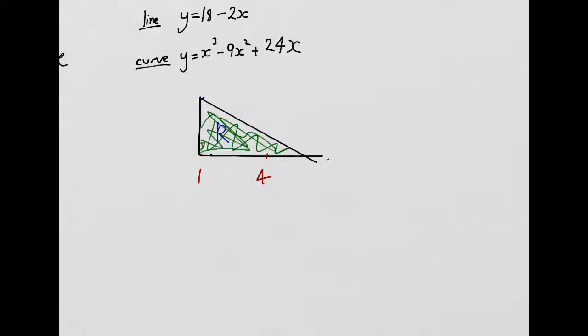Well, we'll just set y equal to 0. So setting y value of our line to 0 to find out that intercept there. So 0 equals 18 minus 2x, add 2x onto each side, and we can find that x is going to equal 9. So we know that point there is going to be (9, 0).